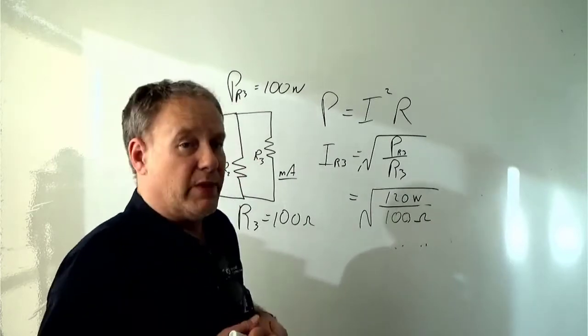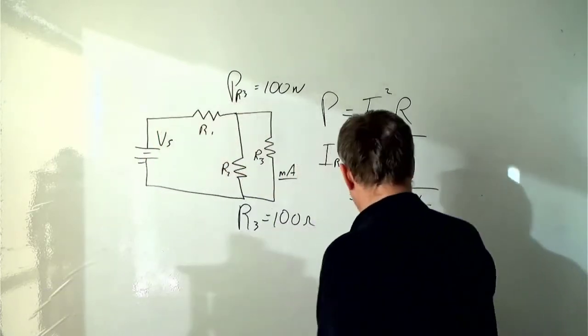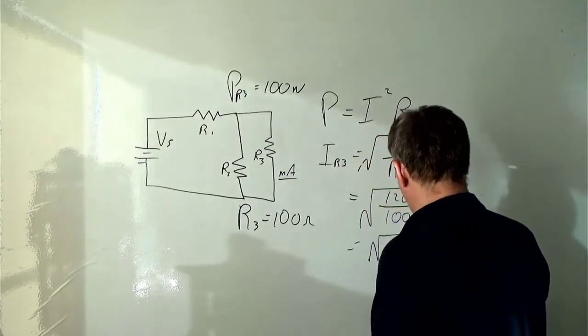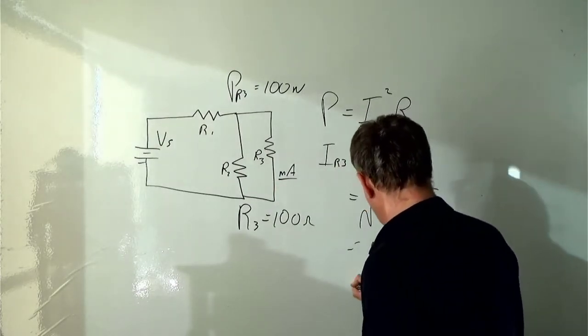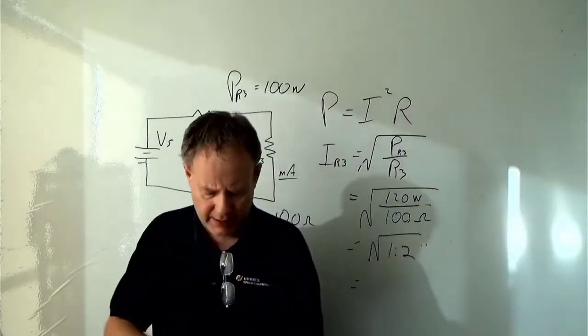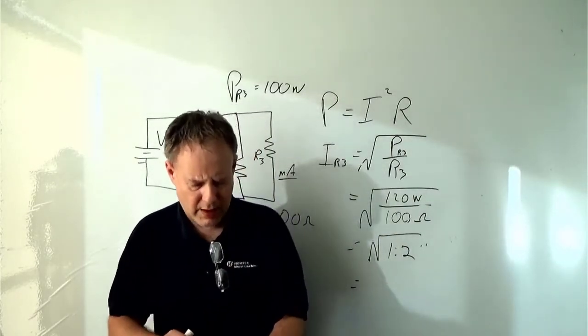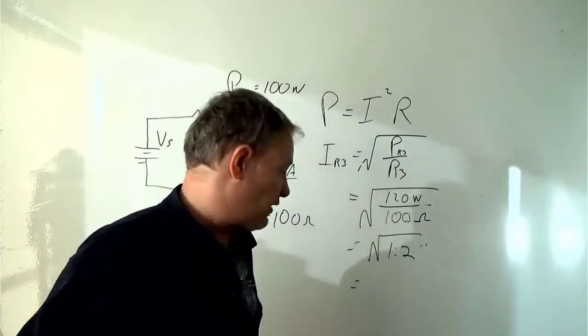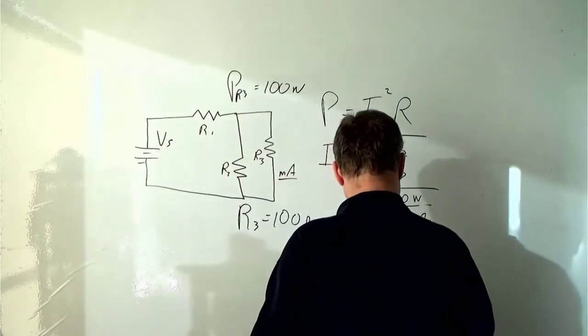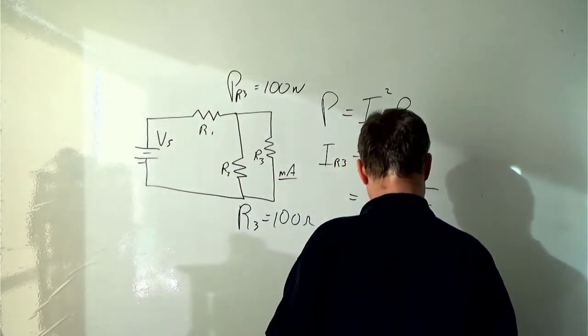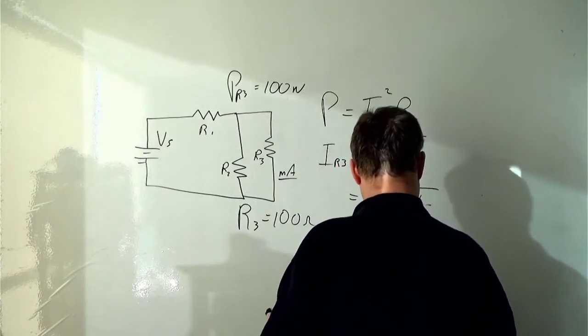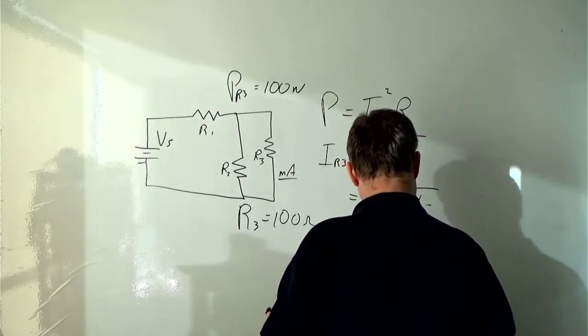Okay, some people might do this: the square root of 1.2, and then that's going to equal, actually I do need my calculator because I don't know what the square root of 1.2 is. That equals 1.095 amps. Well, that's not a very good A. That's a 5, and that's amps.